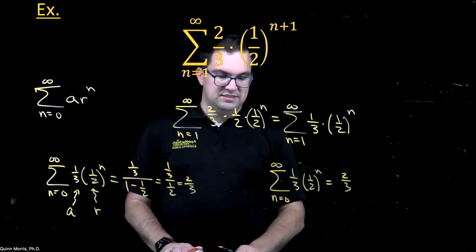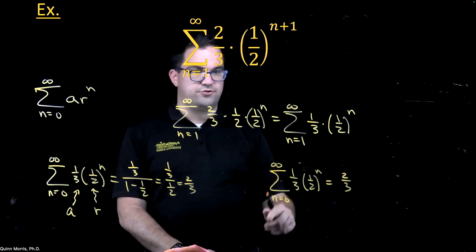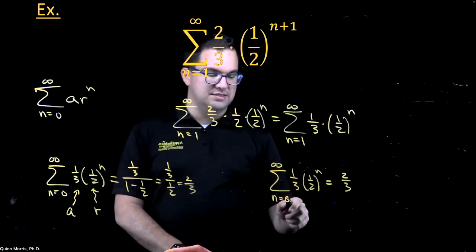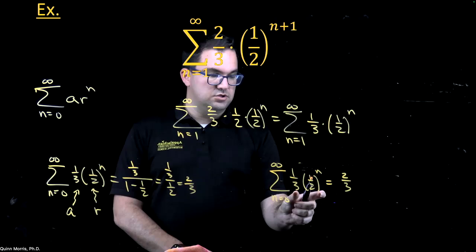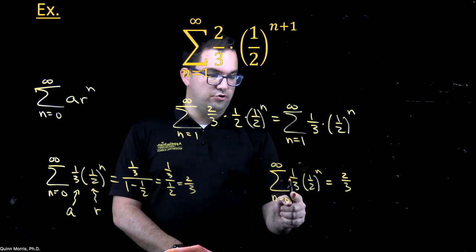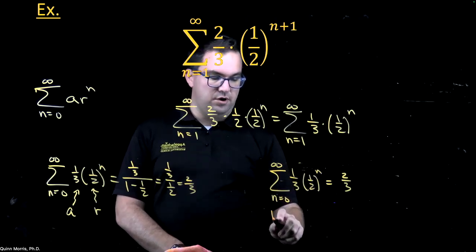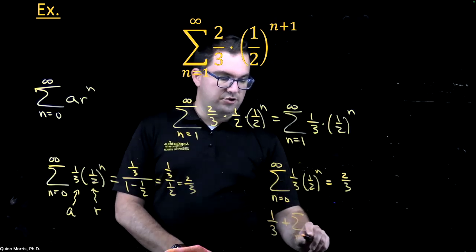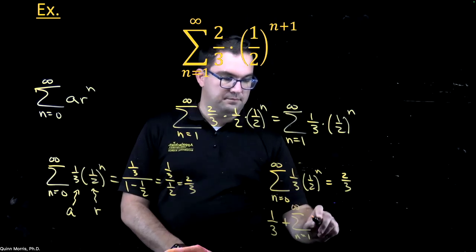But I could rewrite this. This is the sum of the 0th term plus the first term plus the second term plus the third term. I could rewrite this as the 0th term, which would just be 1/3 times 1/2 to the 0, so just 1/3, plus now the terms starting at 1.